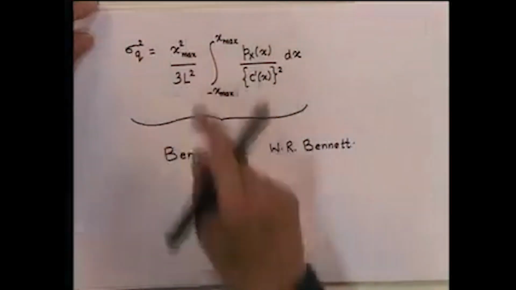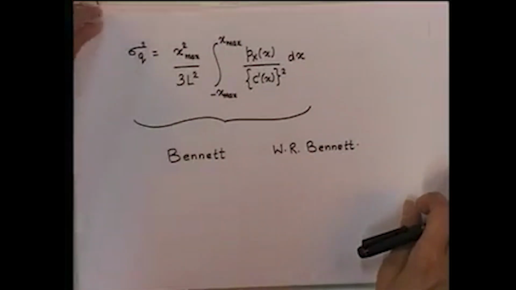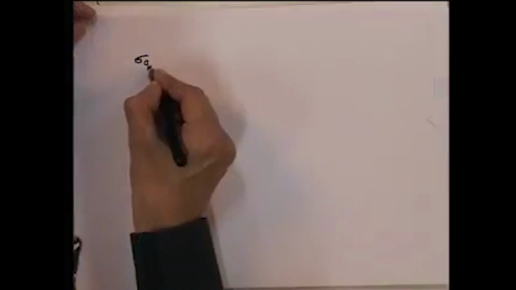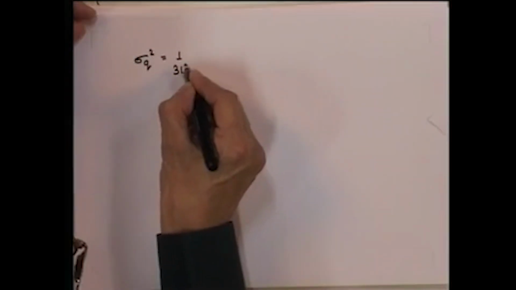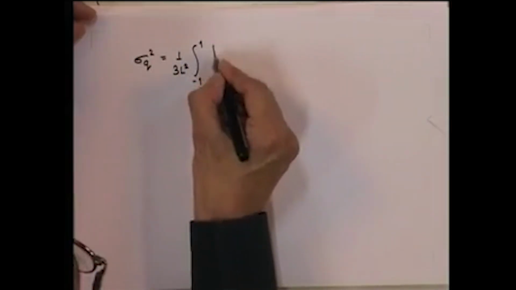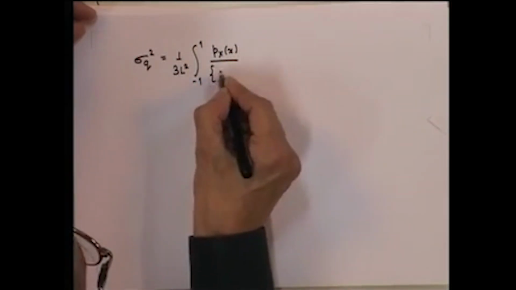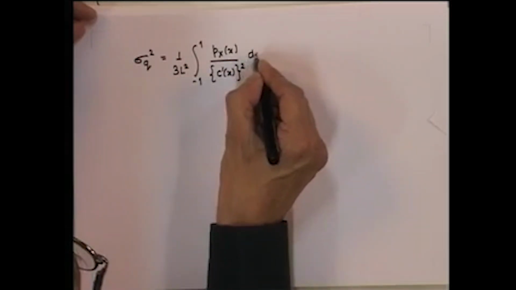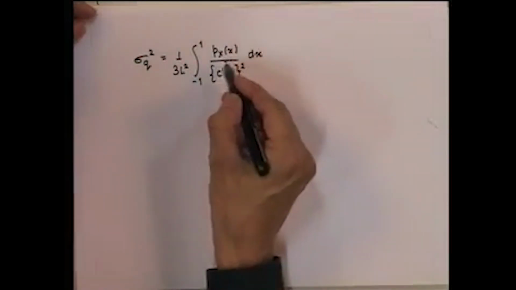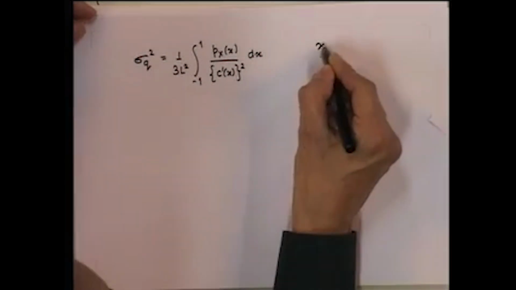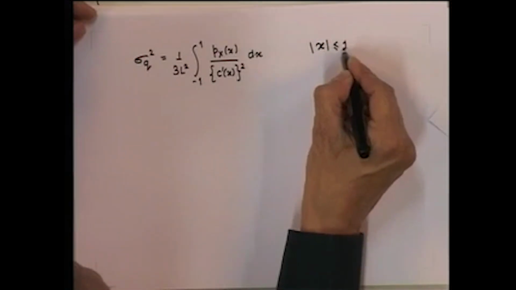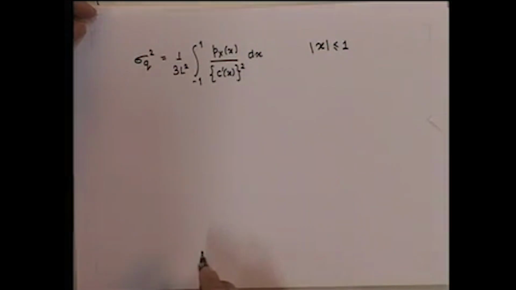So, if we assume that, then the quantization noise expression, that is this, reduces to the following, where x is a normalized random variable, that is, x lies between the interval -1 and +1.